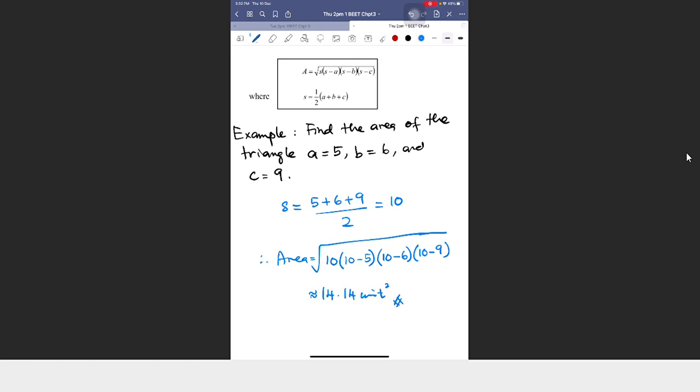Okay, so now you have three formulas to find the area of a triangle.